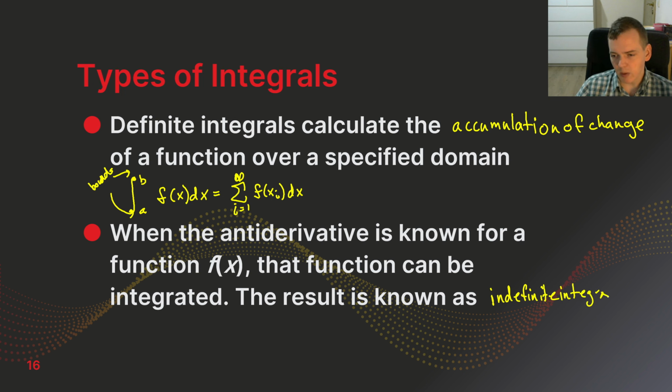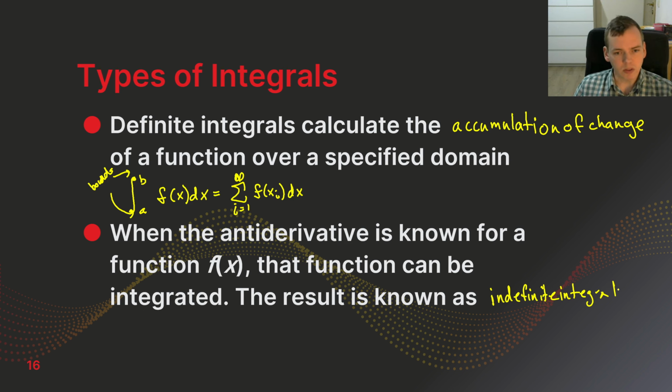So just like with derivatives, where we said that sometimes you can get a specific situation, like the derivative at a specific point and get an exact value, that's like our definite integrals. We've also talked about how you can have an indefinite integral, which is the general form of going to any point on the function.